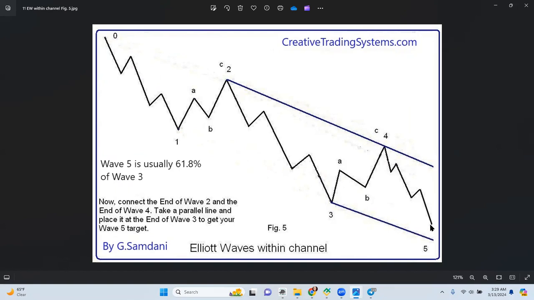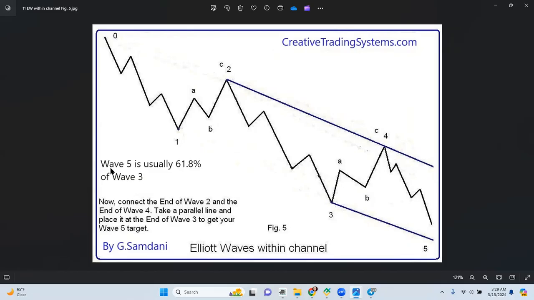It will come short. It will go beyond 3, but it will not go as far as to touch this channel TL. Sometimes it does, though. Elliott wave is very subjective, so you have to keep an open eye and an open mind that this is also possible and that is also possible.